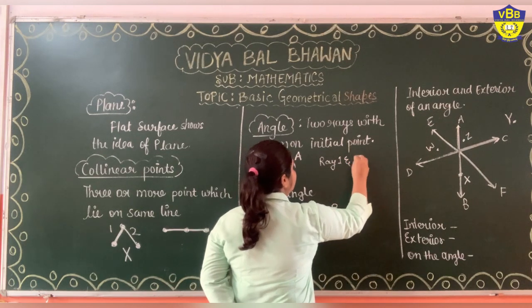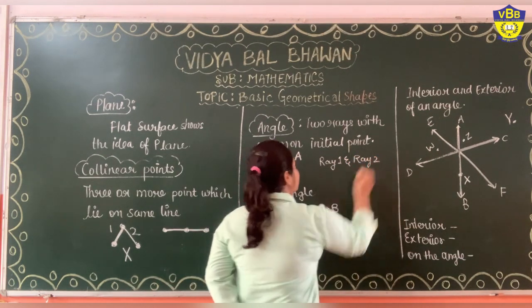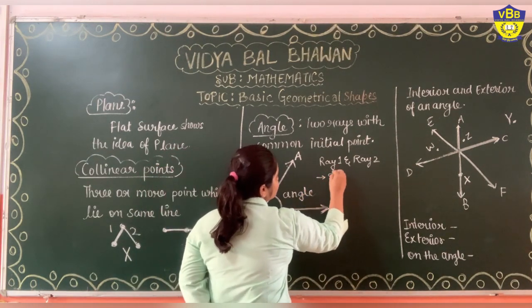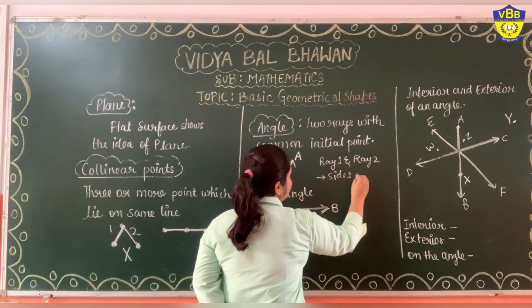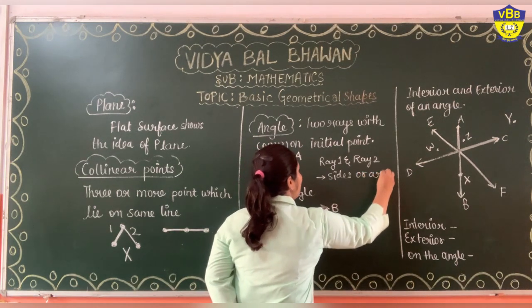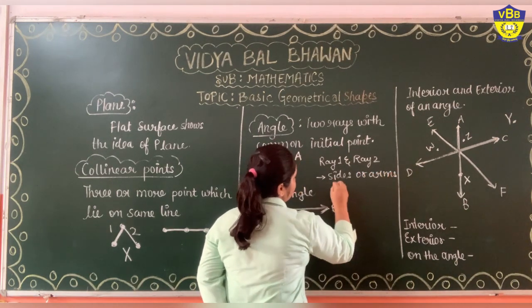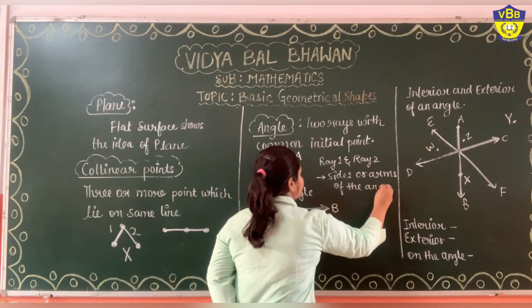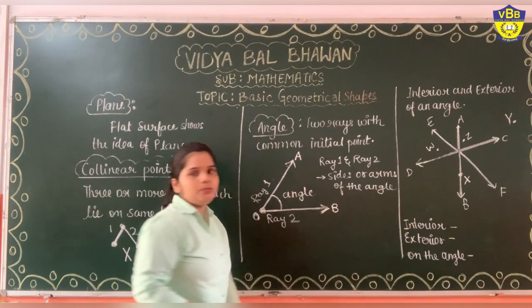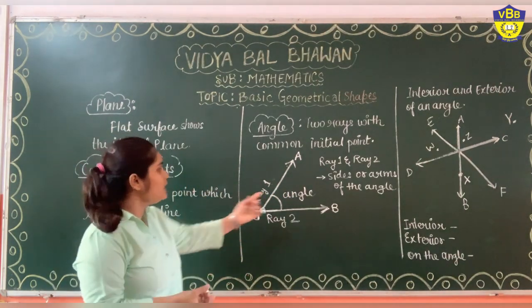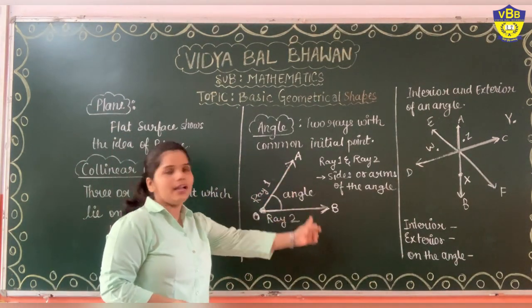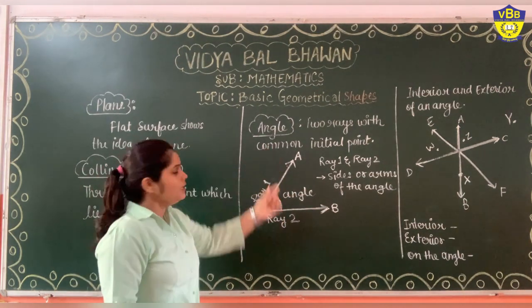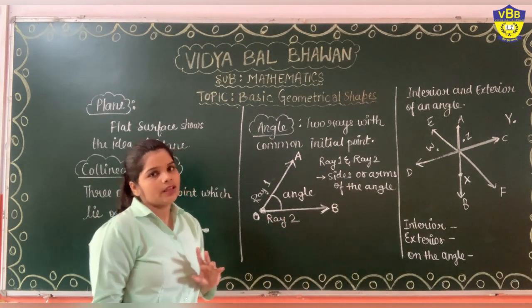These rays are called sides or arms of the angle. Arms means hands. You can see these two are the hands of this angle. So we are saying this is arm 1, this is arm 2.